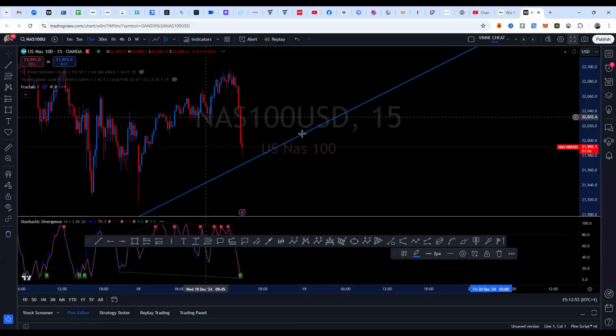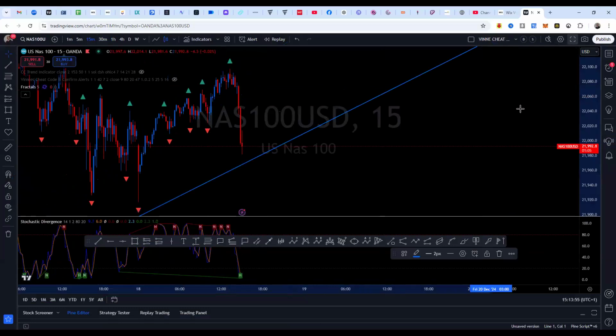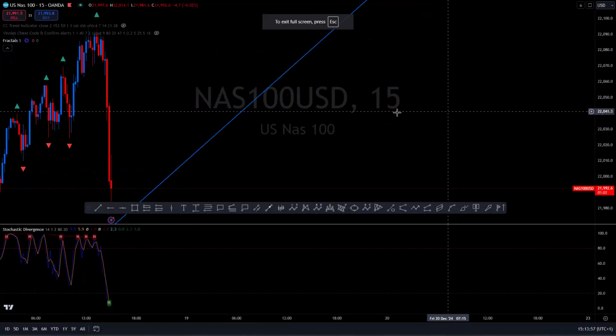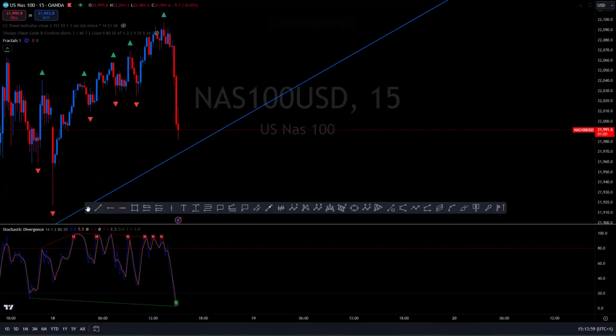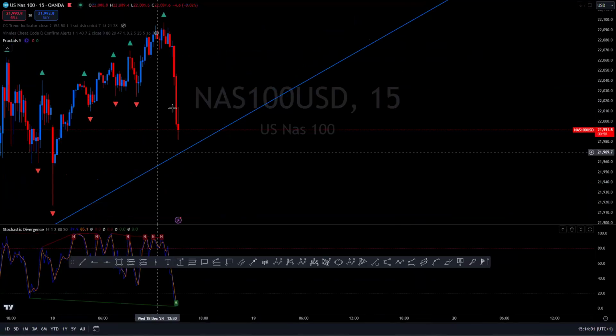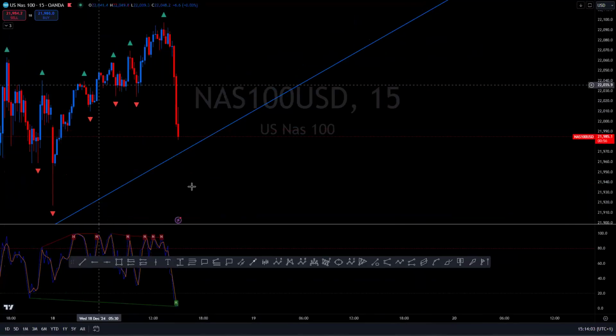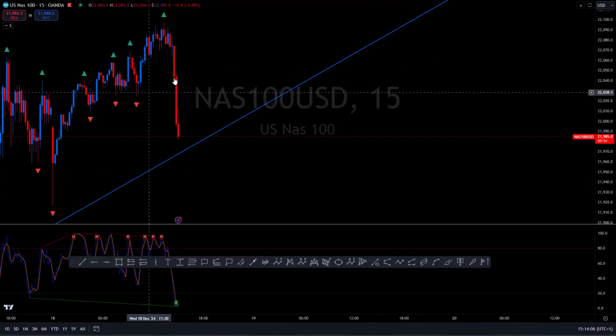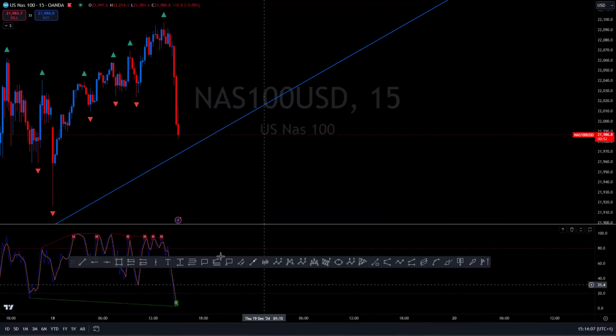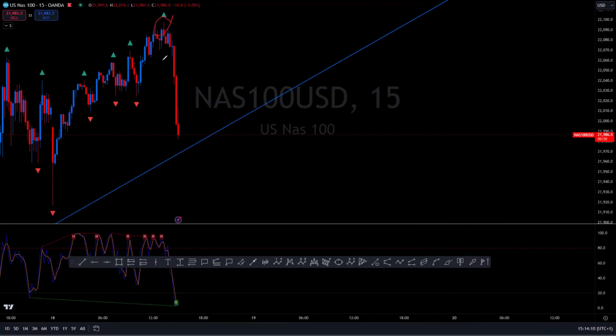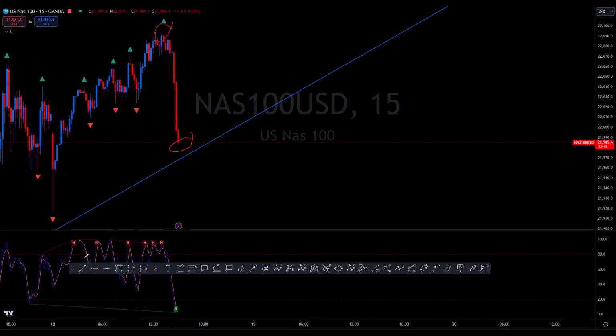But let's go to the 15-minute here. Now, let's look at the current market trend. We could see that price is trending downward because we have a huge move from here, okay? And price broke structure here. But let's go ahead and draw a trend line.